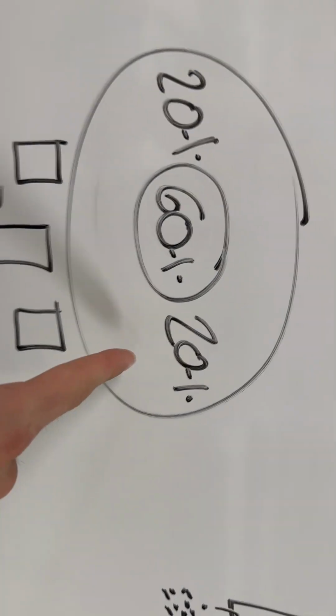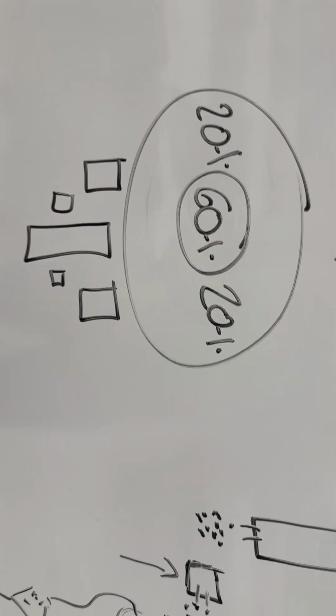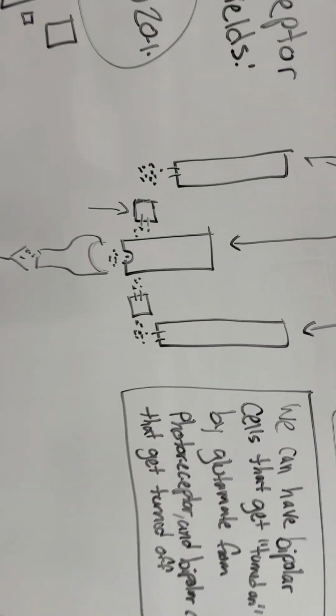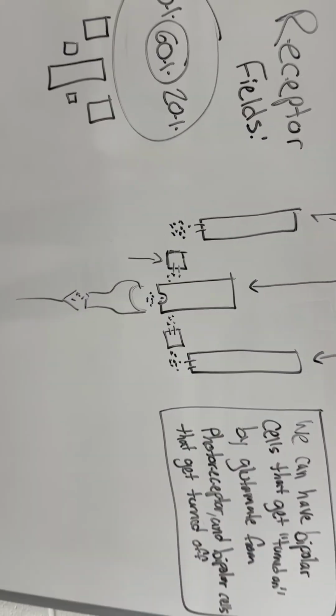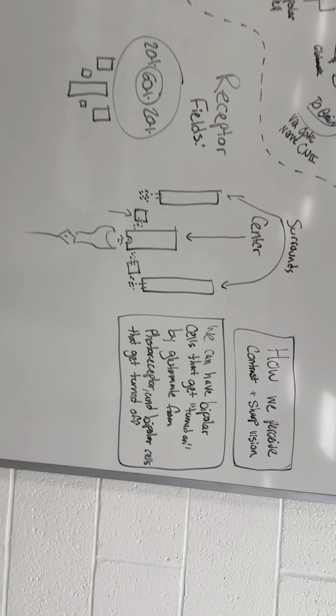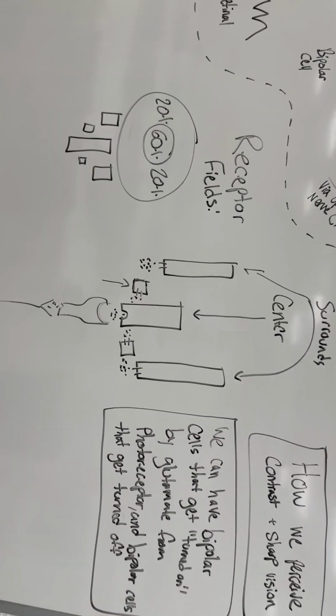But since this side is in the light as well, we're not going to be contributing those 20% of our possible action potentials because these get turned off by the light. So that's the mechanism by which we perceive contrast and our sharp vision.